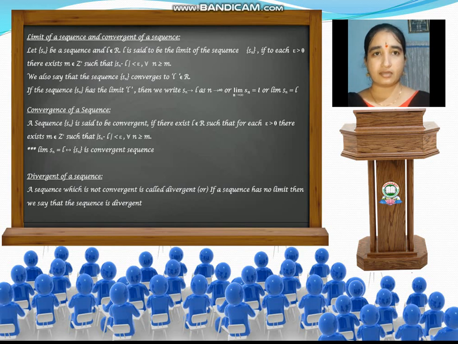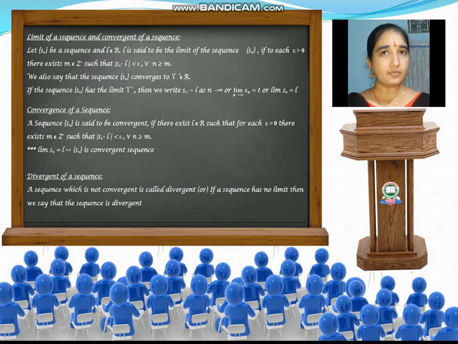Now let us discuss the limit of a sequence. The limit of a sequence is the value that the terms of a sequence tend to. Let us go through the mathematical definition of the limit of a sequence.